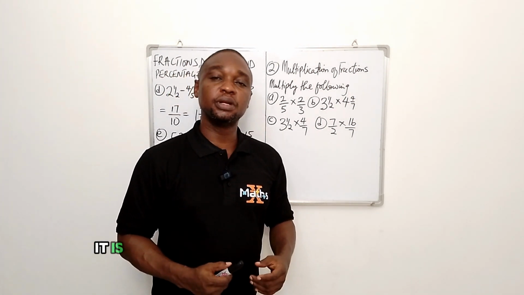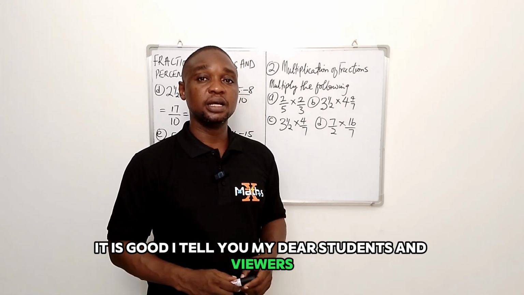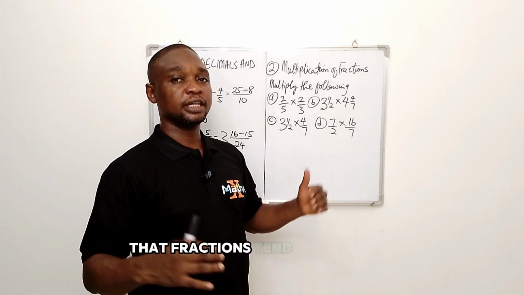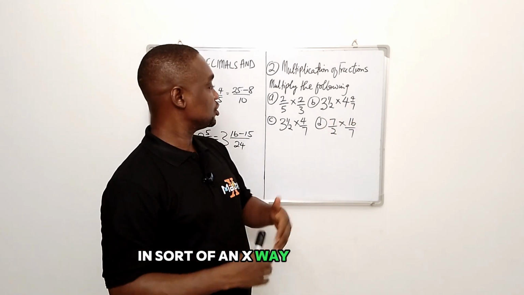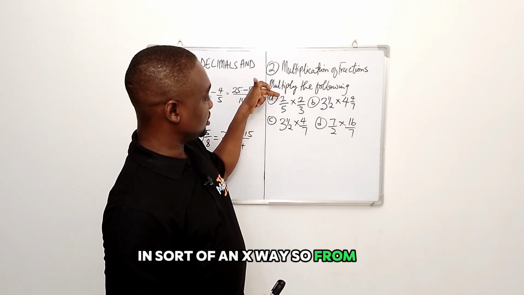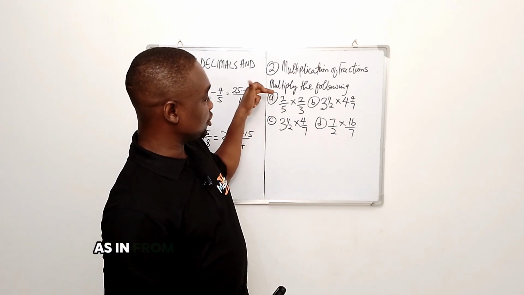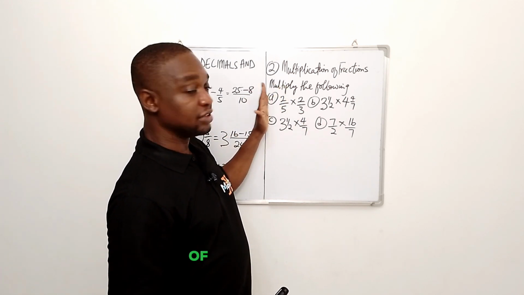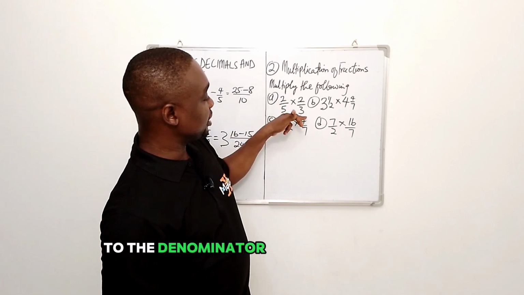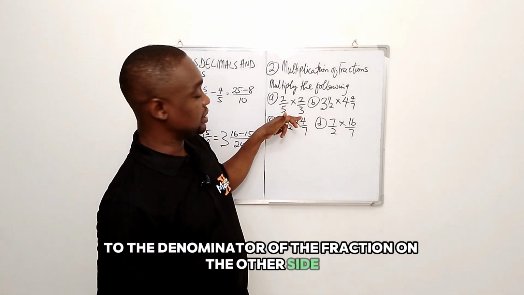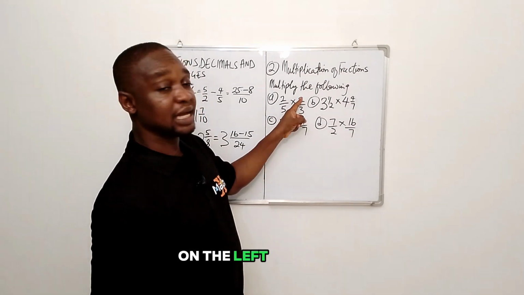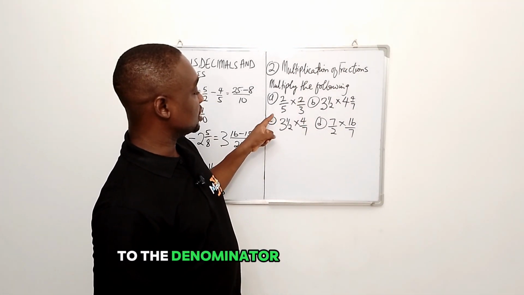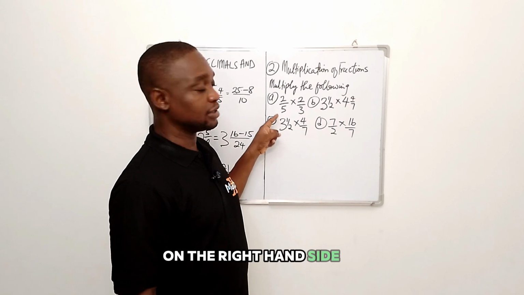Before we start, it is good I tell you, my dear students and viewers, that fractions tend to multiply diagonally in sort of an X way. So from the top to the bottom, as in from the numerator of the fraction on this side to the denominator of the fraction on the other side. The same thing goes from the numerator of the fraction on the left hand side to the denominator of the fraction on the right hand side.